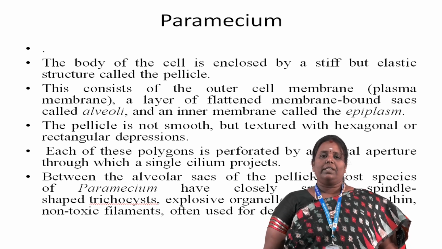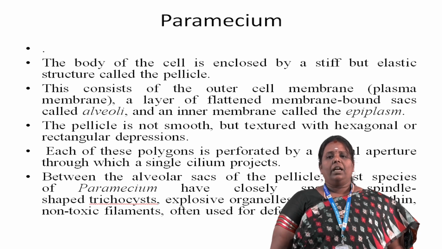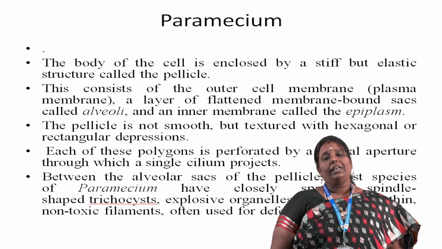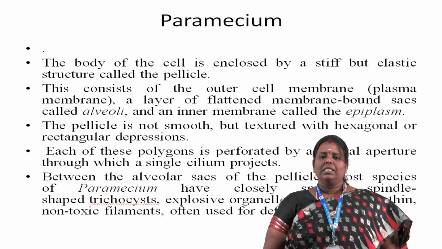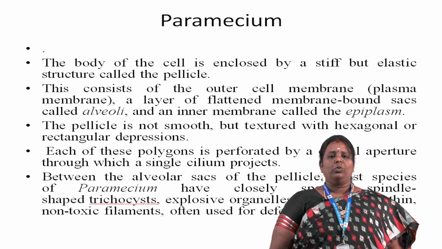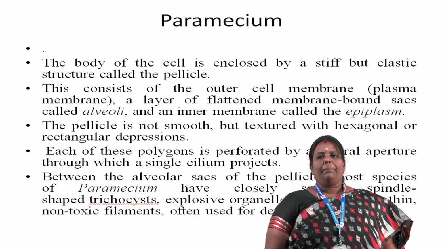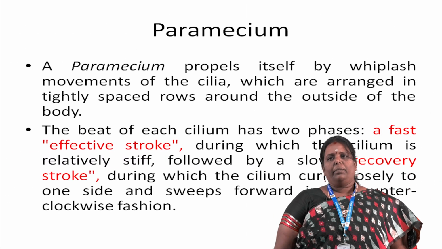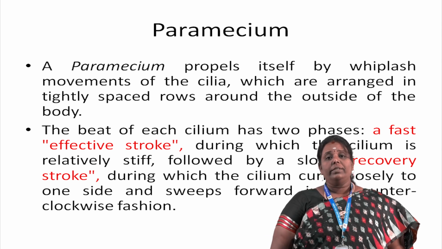The trichocyst acts for offense and defense, with toxic filaments and thin non-toxic filaments. Why is the trichocyst present? To escape from predators, they use the trichocysts. That's all. Next, Paramecium moves by using its cilia.